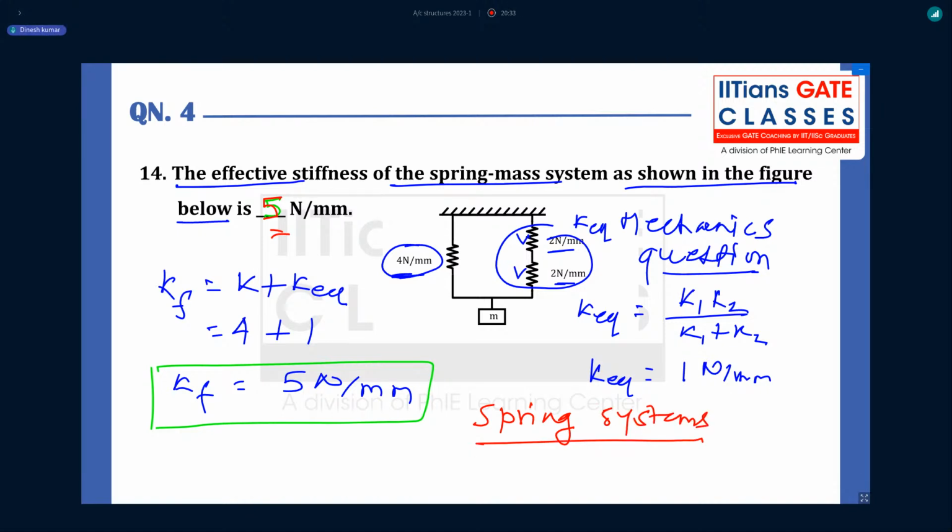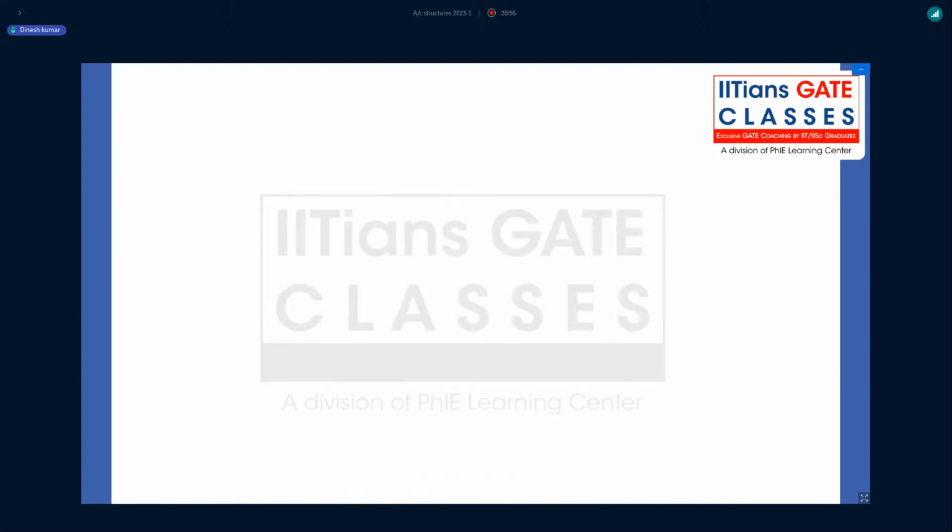Previously, we have also discussed questions where there were two masses connected with a rigid link, and then springs connected. We can answer these questions if we know the basics.